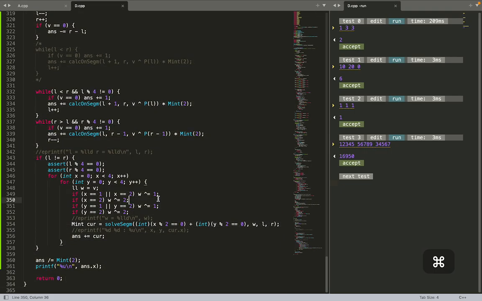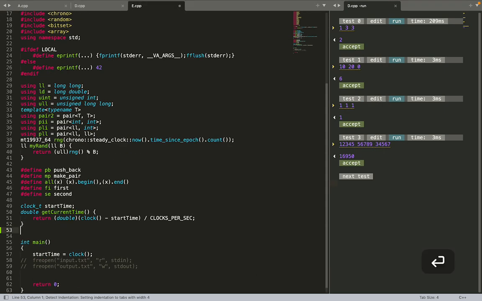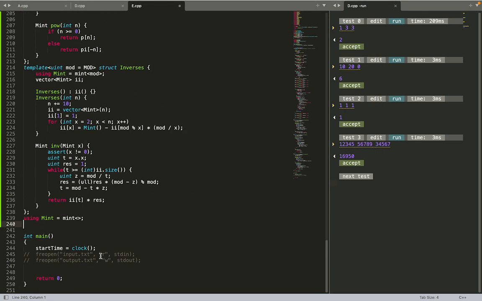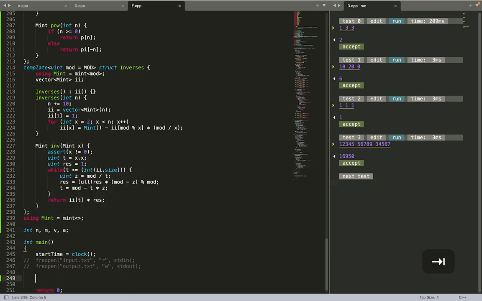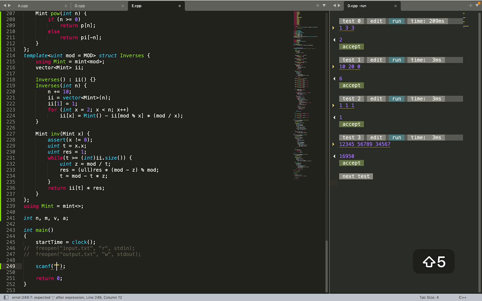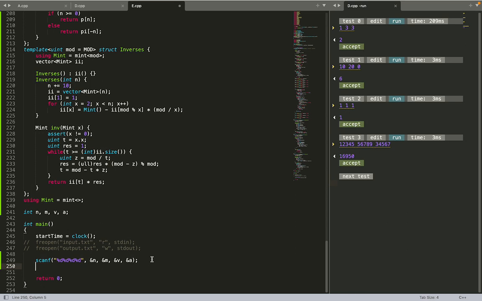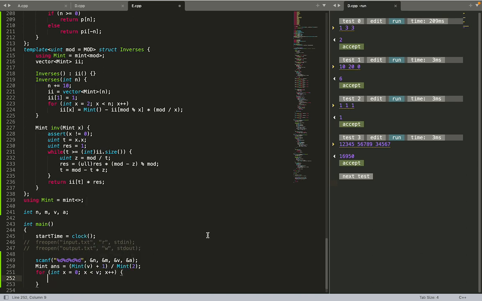Okay, let's try it. I said that I iterate over x from 1 to v.